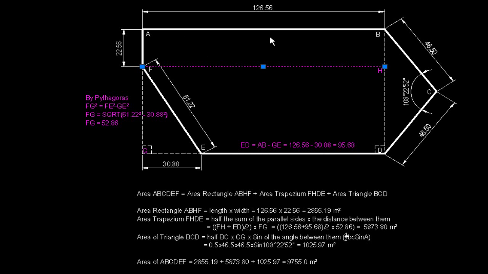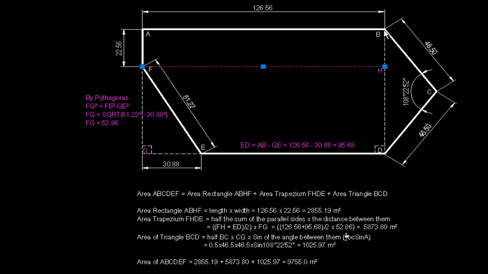It is simply AB minus GE, and it's 95.68. And we divide that by 2, multiplied by the distance between them, which was FG, 52.86, and that gives us 5873.80 metres squared.